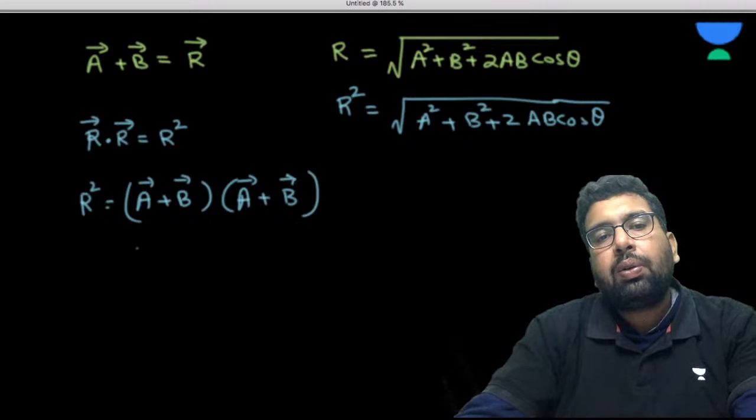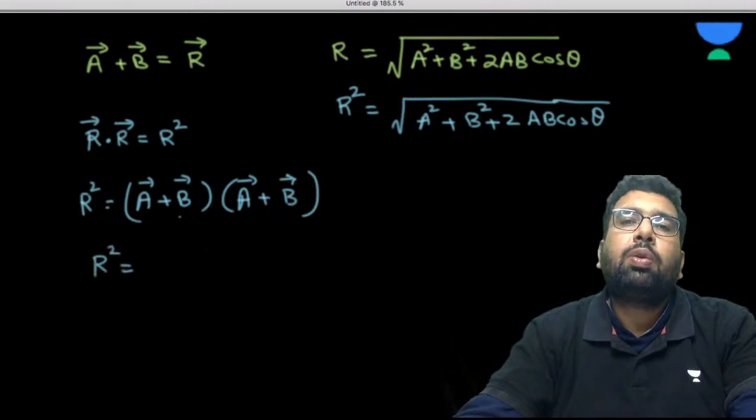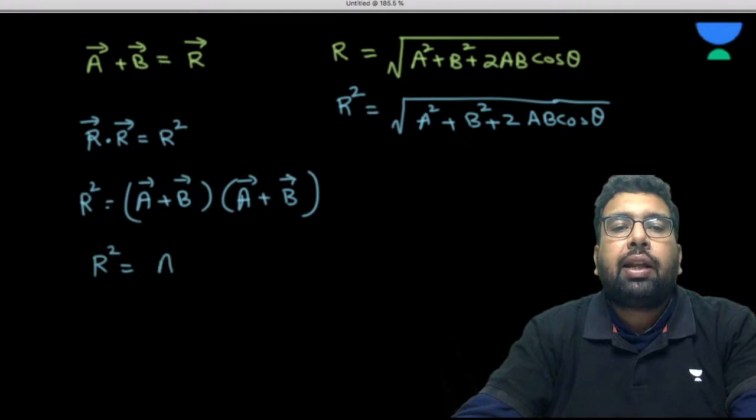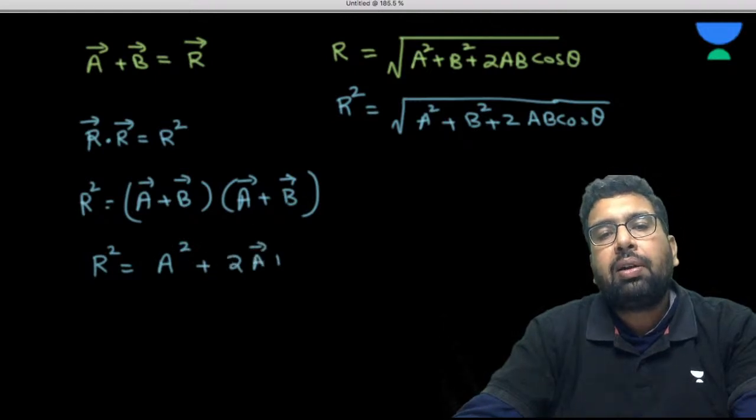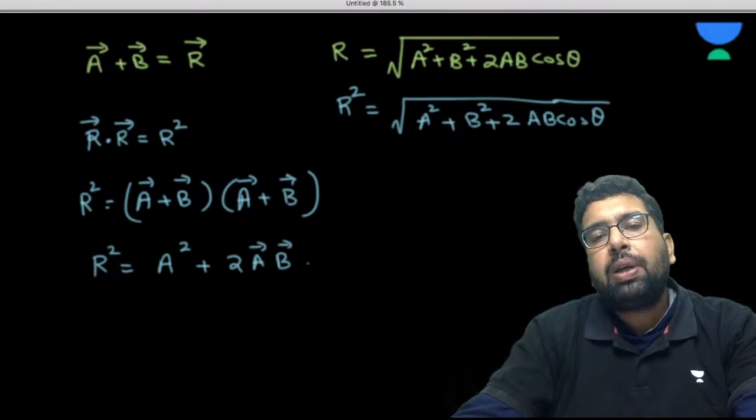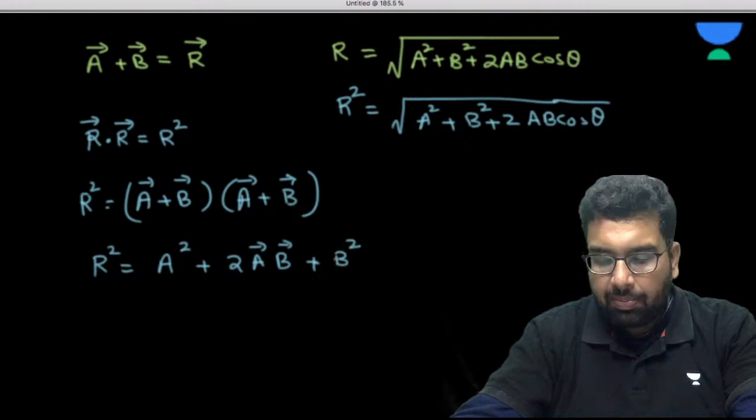Now see, the dot product follows the distributive law. So can I write this? A vector dot A vector will become A square, plus A vector dot B vector, so it will become 2A vector dot B vector, and B square, isn't it? Very simple.